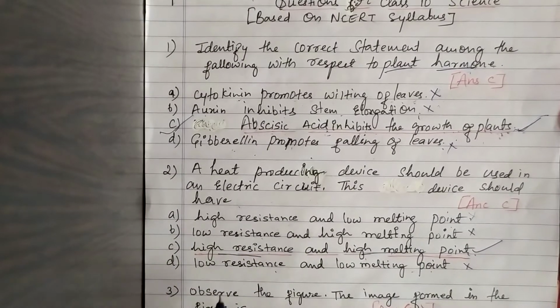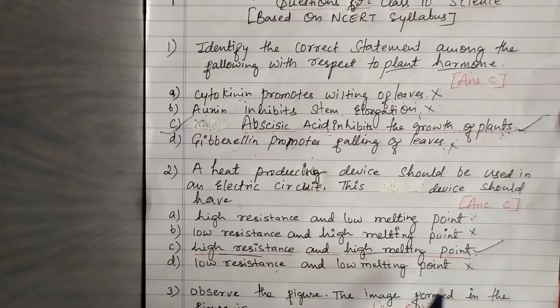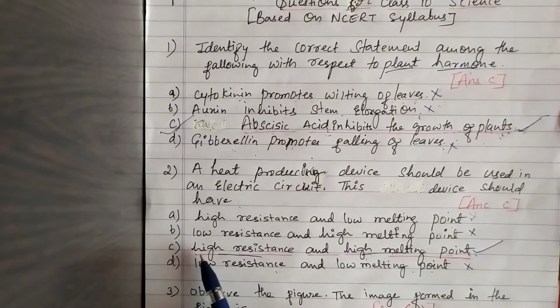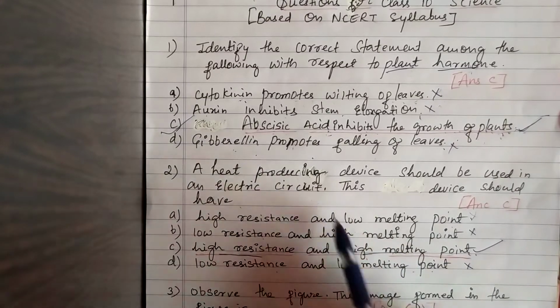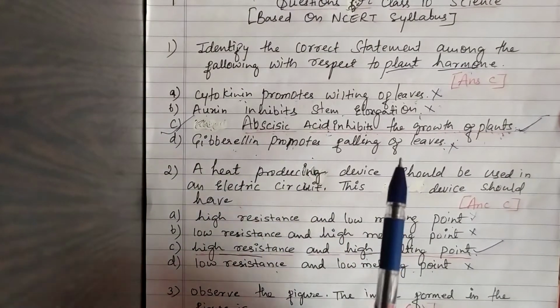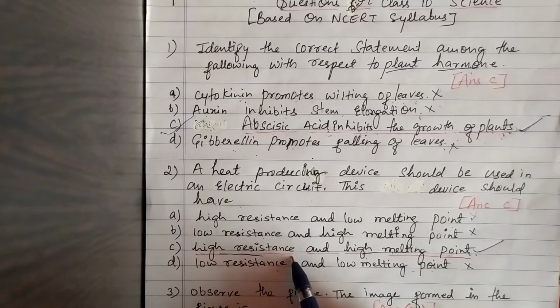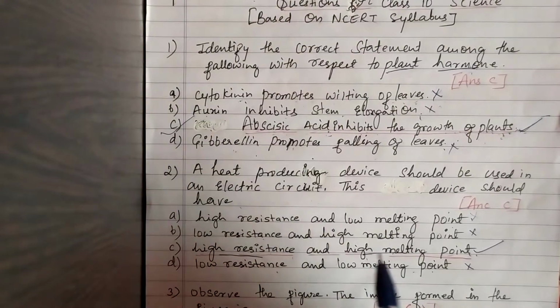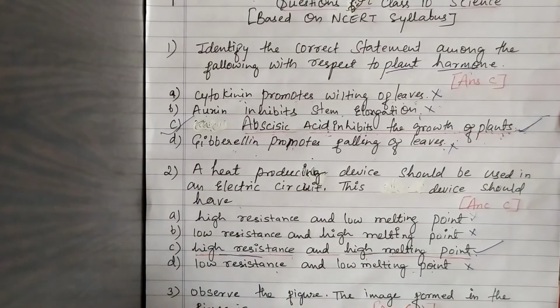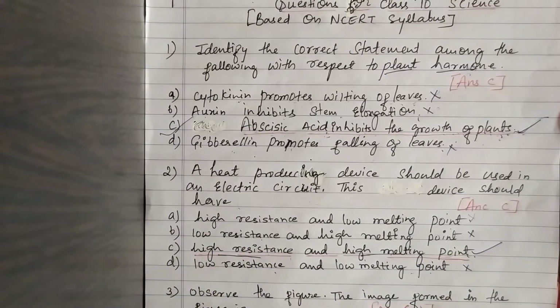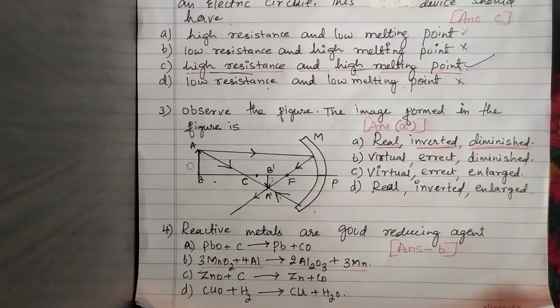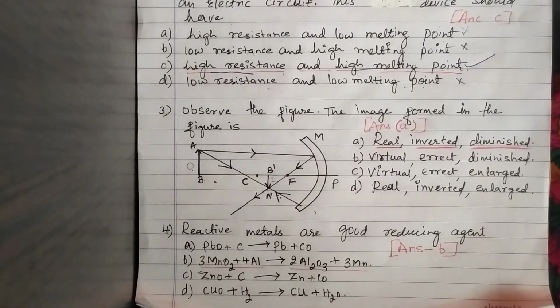And the fourth option is low resistance and low melting point. So the correct option is high resistance and high melting point, as the heat producing device requires a high resistance and high melting point. So let's go on with the next question, that is the third one.